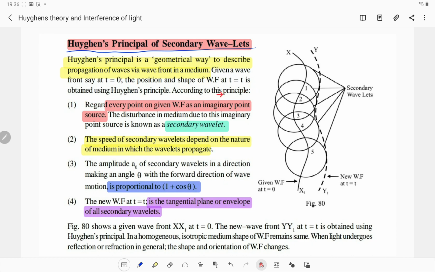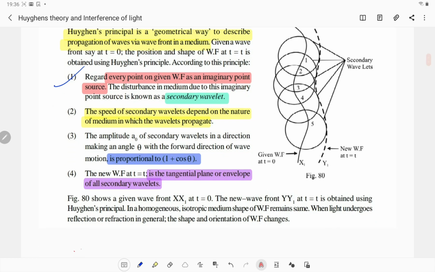According to this principle, there are 4 points. So here the first point: every point on a given wavefront has an imaginary point source. The disturbance in a medium due to this imaginary point source is known as a secondary wavelet.